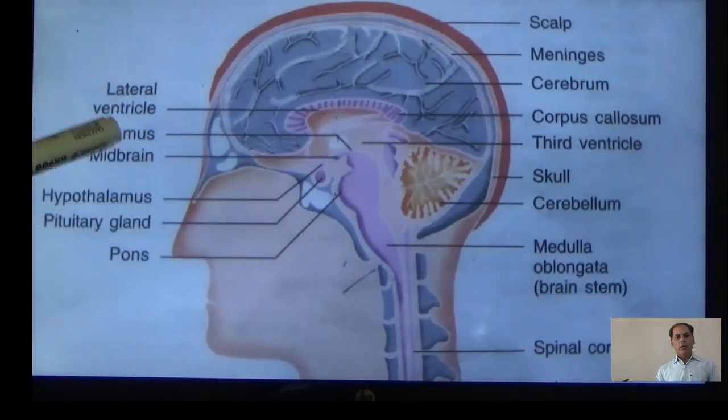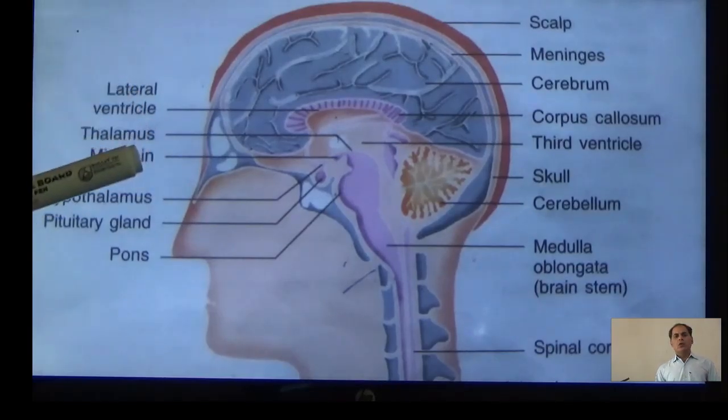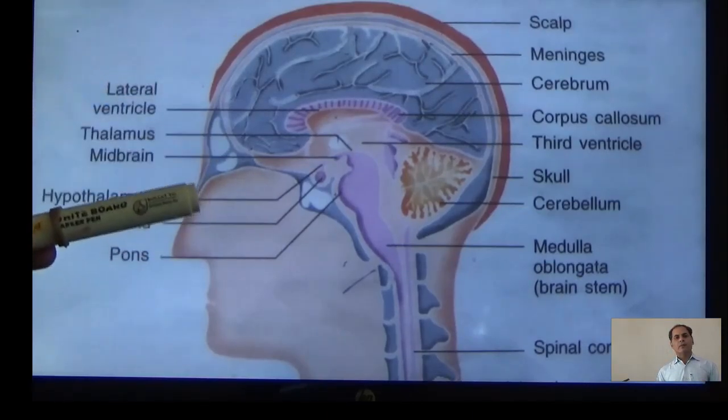The hypothalamus is located below the thalamus. You can see the location of the hypothalamus is below the thalamus. This hypothalamus is mainly responsible for controlling food intake, thirst, body temperature, thermoregulation, and regulates the hormonal secretion of the pituitary gland, which in turn controls various endocrine glands.